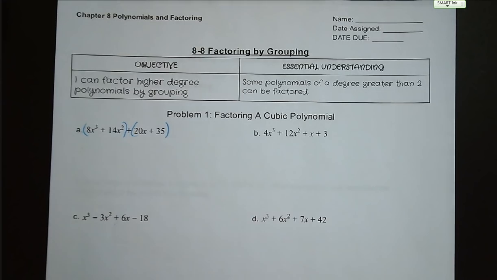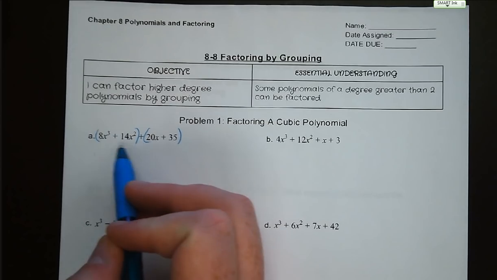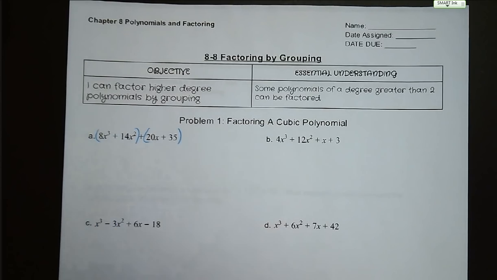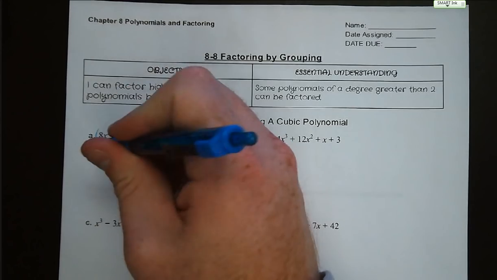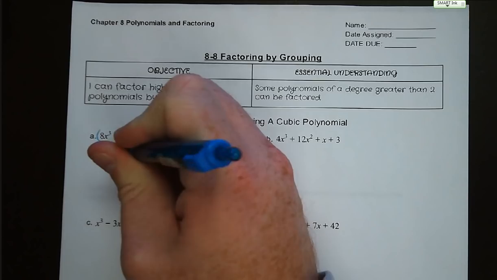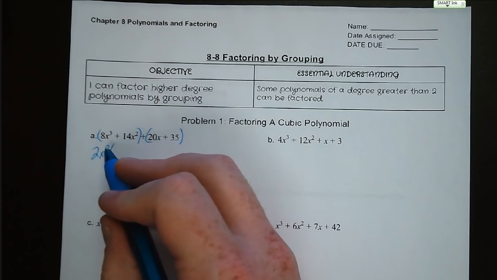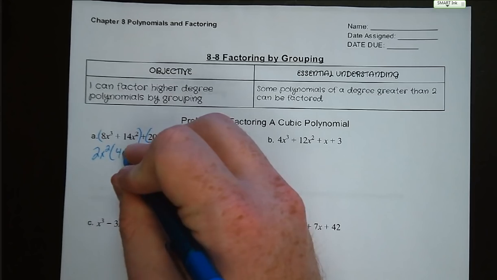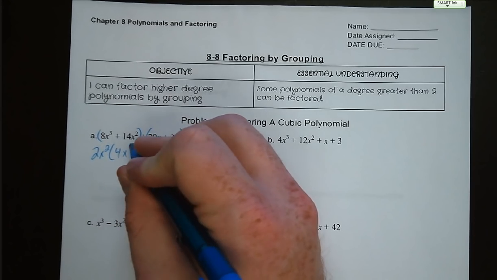Now, in this first group, 8x cubed and 14x squared, what common factors do we have? They both have an x squared term in them, and they are both even, so they're both divisible by 2. So I can bring out a 2x squared. What's left in my parentheses is a 4x plus 7.